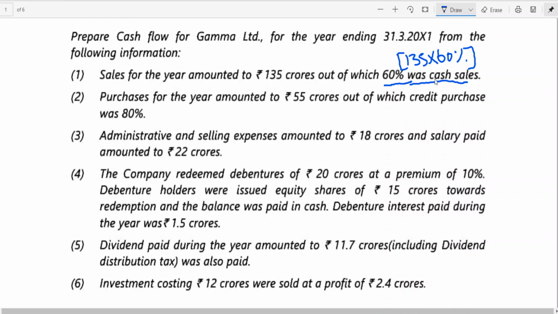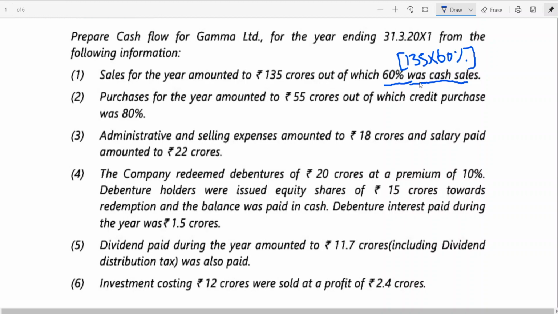And since cash sales has been given, you should assume, when you begin the problem, that this problem can be a cash flow statement with direct method. I'm repeatedly telling you because today I'm concluding the cash flow statement.